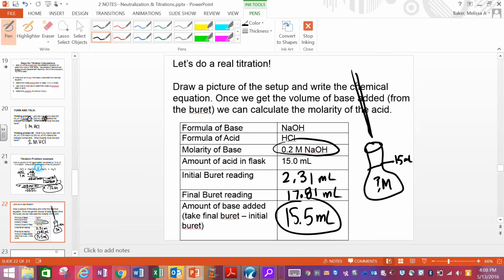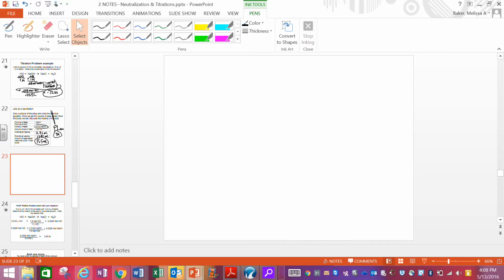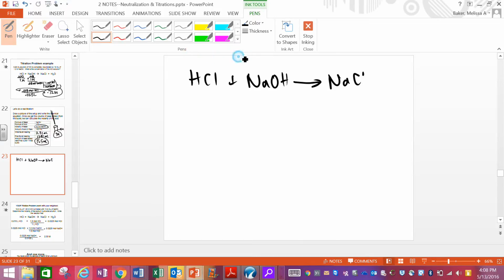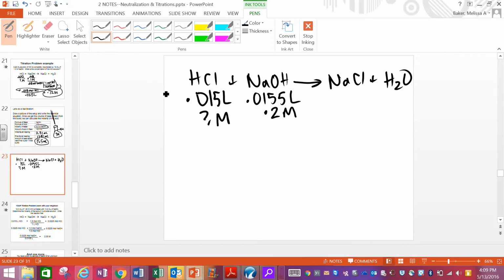So now we need to do some math here. I'm going to rewrite the equation. We had HCl plus NaOH. We know that when I add those two together, I'm making salt water. So I had to add 0.0155 liters of the 0.2 molar base to neutralize the 0.015 liters of this mystery concentration.